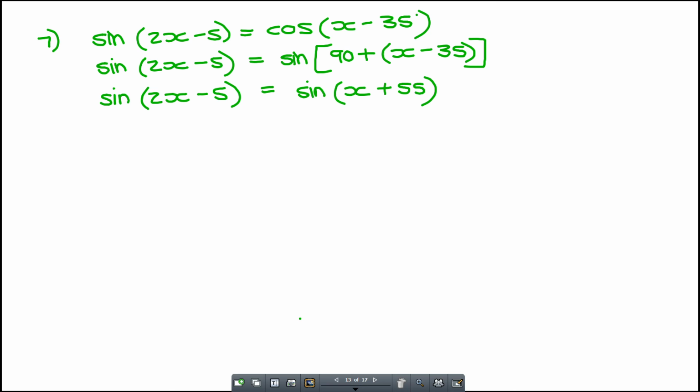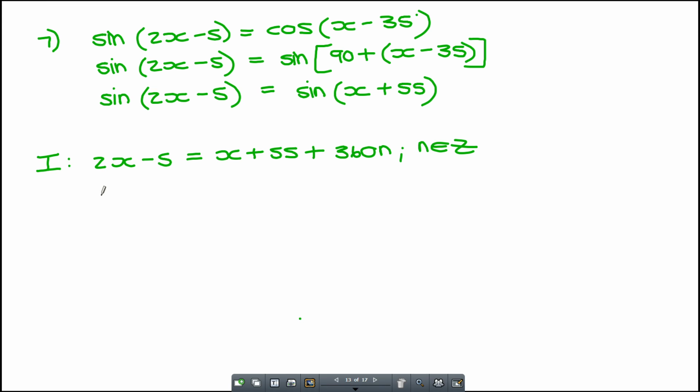So I can go to the general equation. We're working with sin and the right-hand side is positive. So I'm definitely going to work in quadrant 1 and 2. Now, quadrant 1, I will have 2x minus 5 is equal to, and in the first quadrant, I only want the reference angle, which is x plus 55 plus 360n.